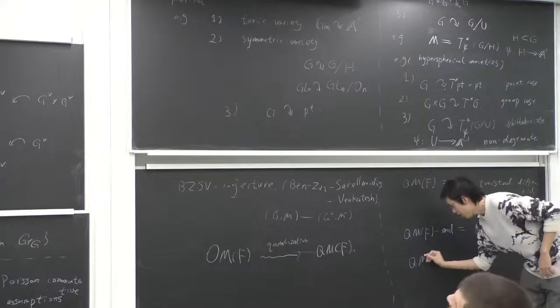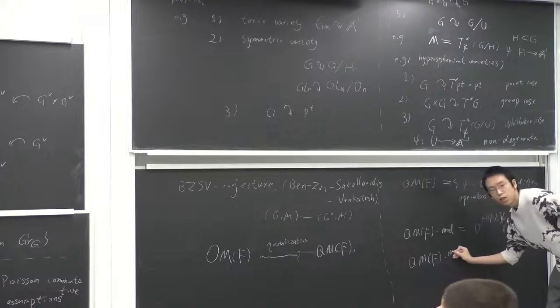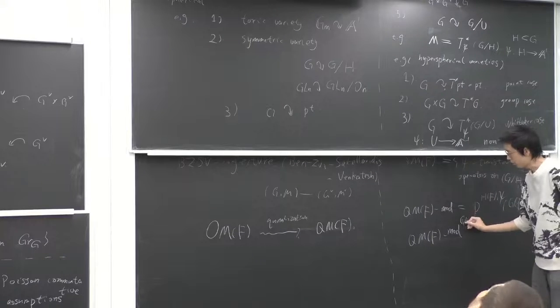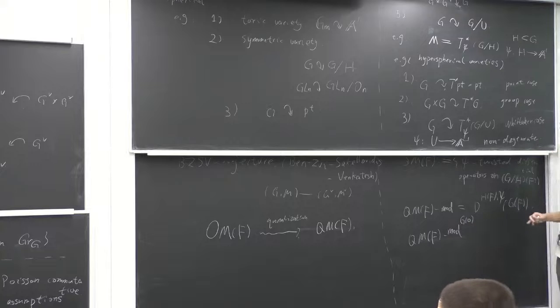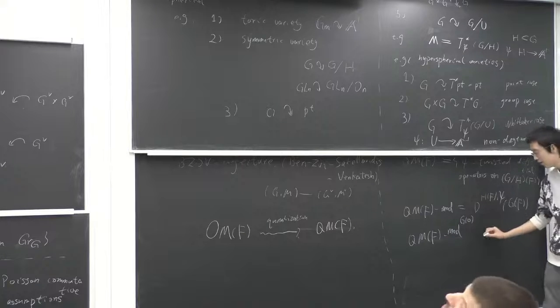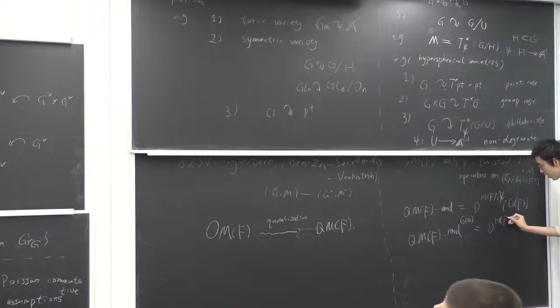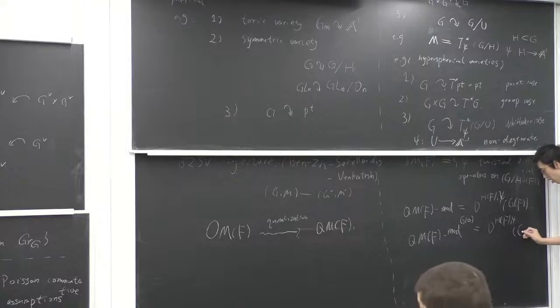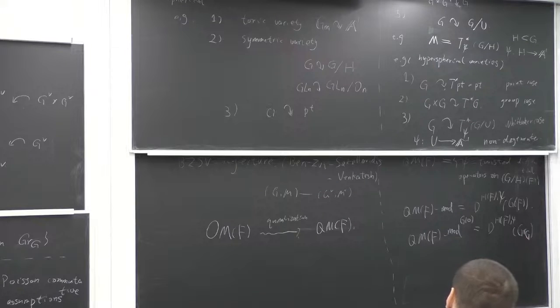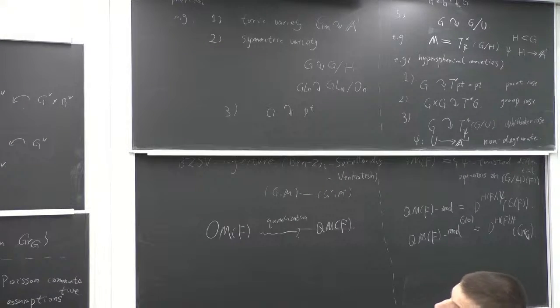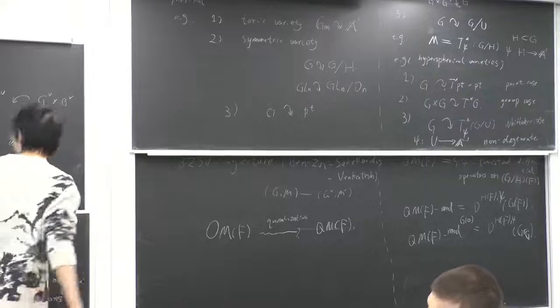I mean, denoted by Q_{M_F}-mod^{G_O}, the G_O equivariant modules over Q_{M_F}. This is just by definition equivalent to H_F, C twisted modules on the Grassmannian associated with G. Because here you have G_O and here you quotient by G_O, then you get the Grassmannian of G.